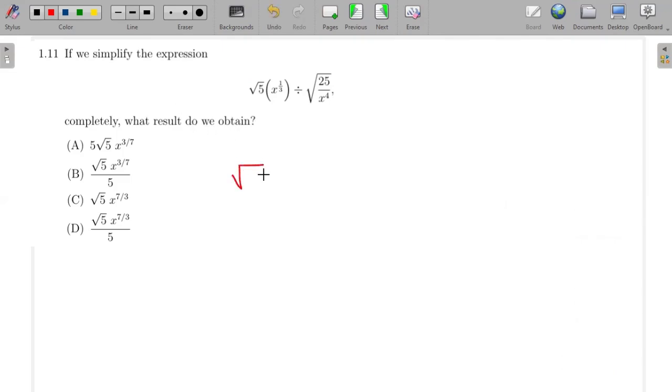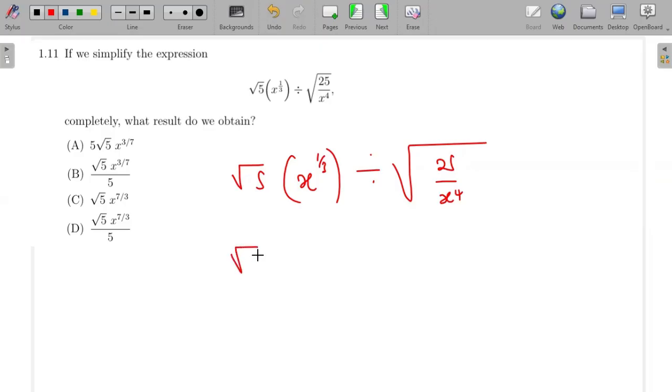So we have root of 5 times x to the power 1 over 3, divided by the root of 25 over x to the power 4. So this would be root of 25 x to the power 1 over 3 divided by, so we can apply this root to the 25, which means we have 5, and to apply it to the x to the power 4, that would just be x squared.